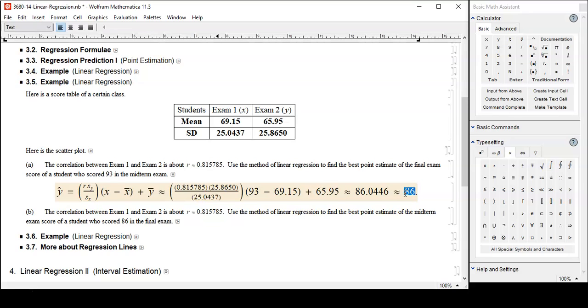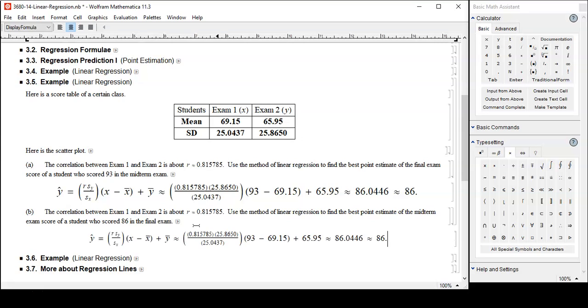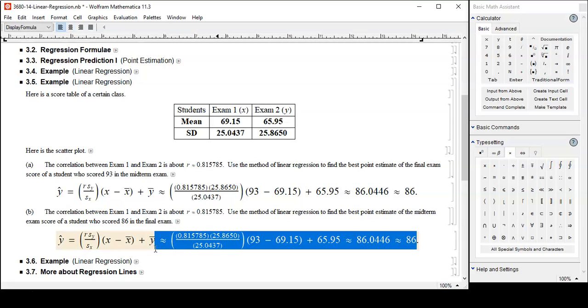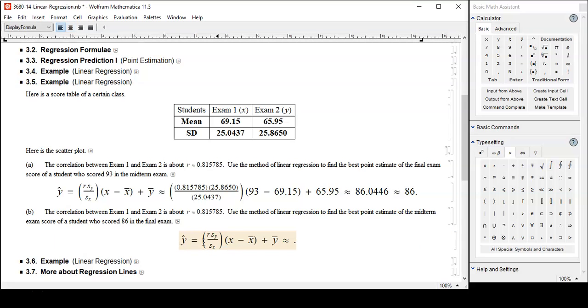Does that mean I'm going to have to come back to 93? Well, of course, that's not the case. I'm going to use the same formula, but with all different numbers. Up to this is the correct regression formula: when I know the x value, I find the y value.